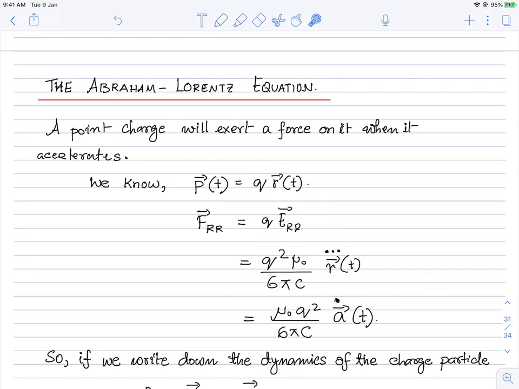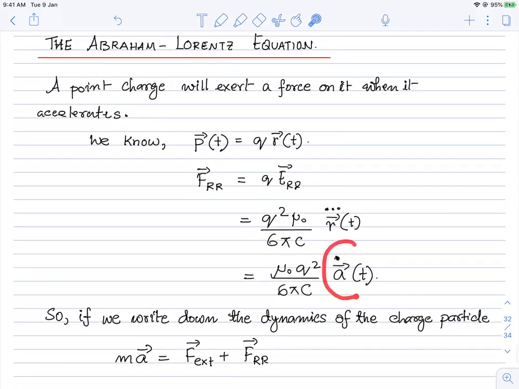Two derivatives on the location coordinate give the acceleration, and then one more time derivative on the acceleration gives this term here. So we see that the self force on the electron is proportional to the time derivative of the acceleration of the electron at that instant. Okay, that is a very curious result.